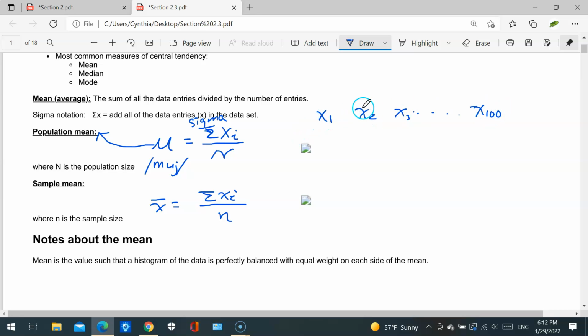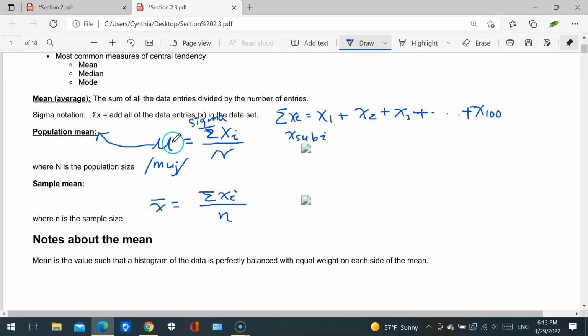It is like putting it into a list, which tells us how many data we have. When I add all the data entries together, it becomes the sigma of x sub i. We call it x sub i because i is on the lower bottom part. It just tells us to add all the data together.